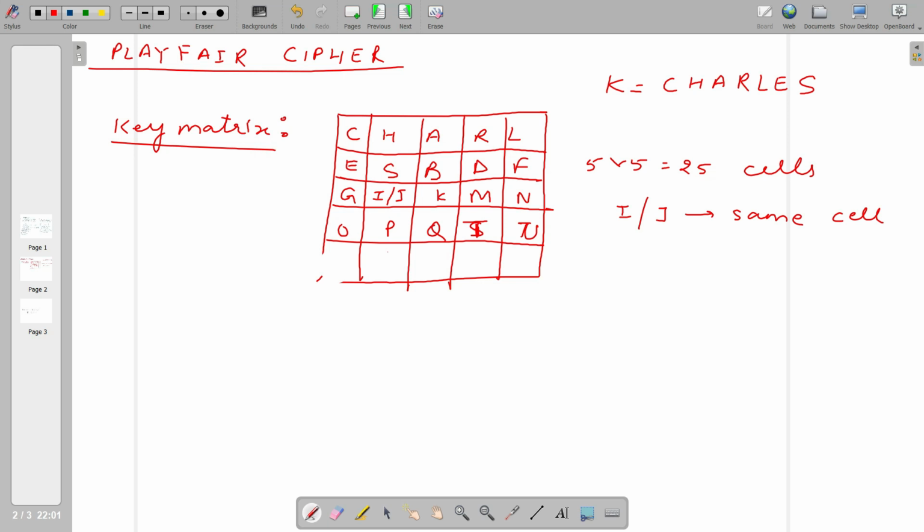So T, U, V, W, X, Y and Z. This is how we are going to fill this matrix.